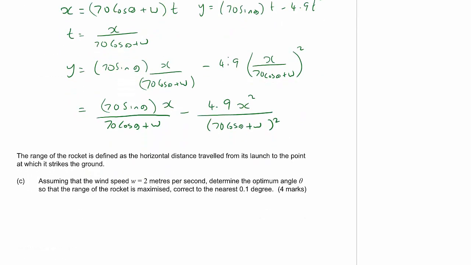The range of the rocket is defined as the horizontal distance travelled from the launch to where it hits the ground. Assuming that the wind speed w is 2 meters per second, determine the optimum angle theta so that the range of the rocket is maximized. Correct to the nearest 0.1 degree.